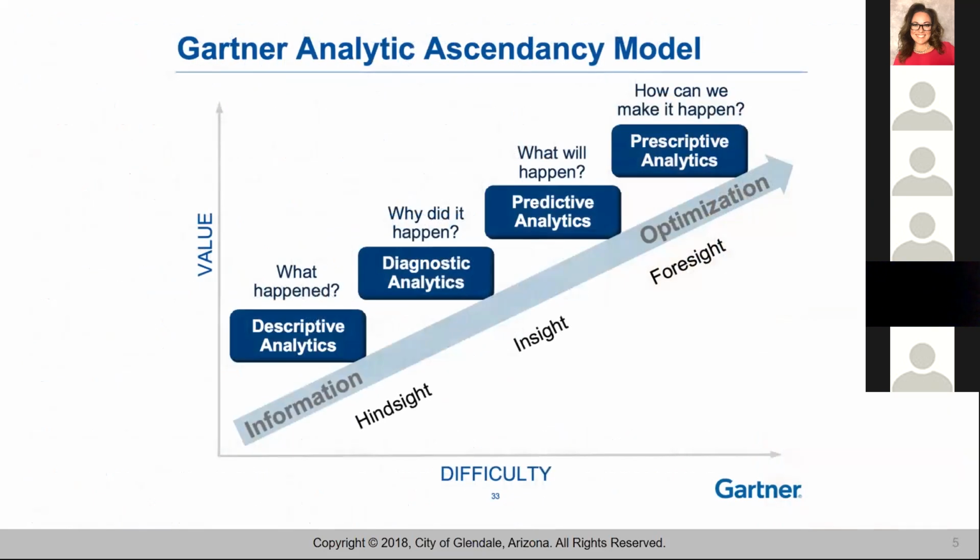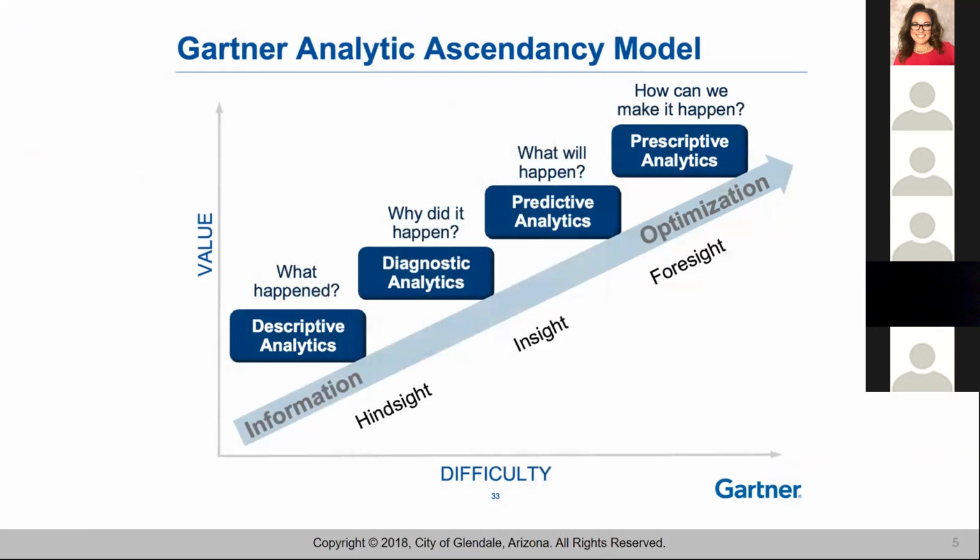So basically, Gartner, and a lot of different companies, have this. It's the Gartner analytic ascendancy model, where you start with descriptive analytics, what happened, diagnostic analytics, why did it happen, predictive analytics, what will happen, and prescriptive analytics, how can we make it happen.